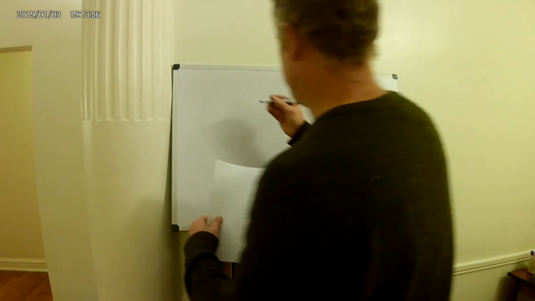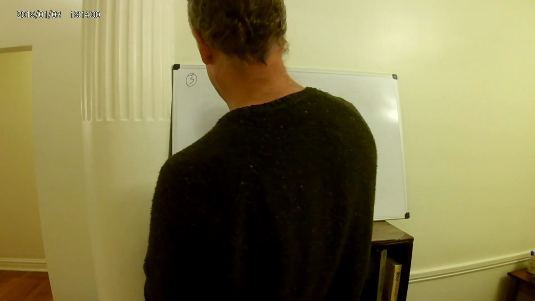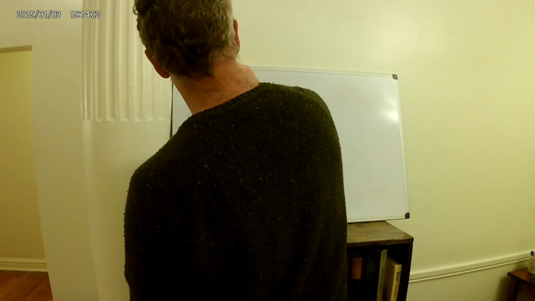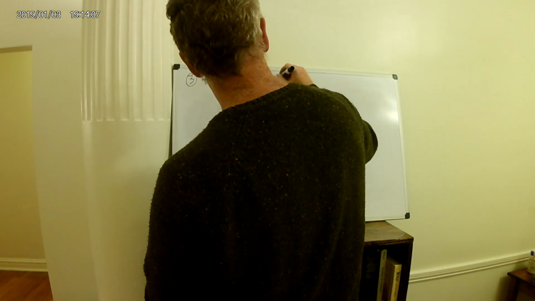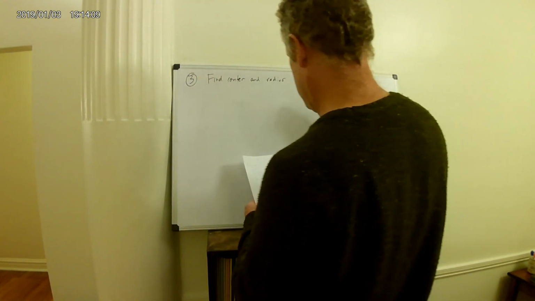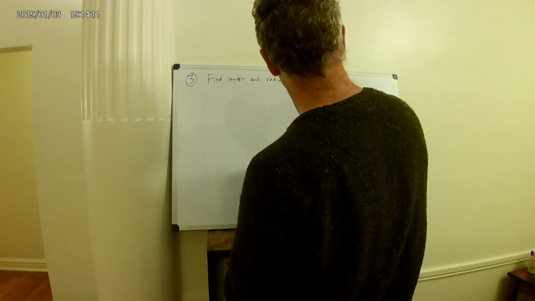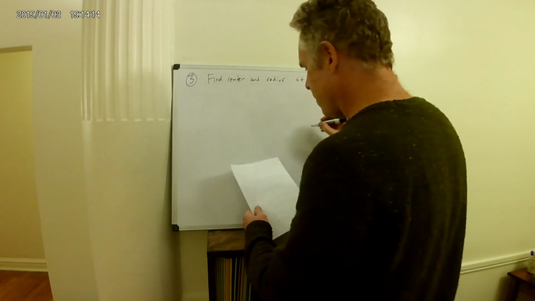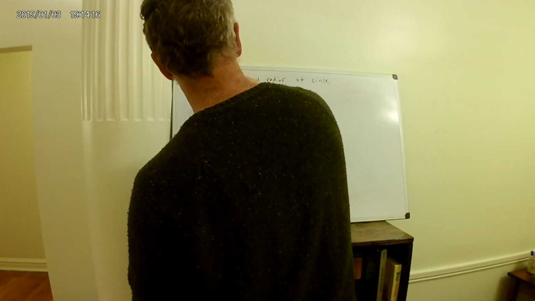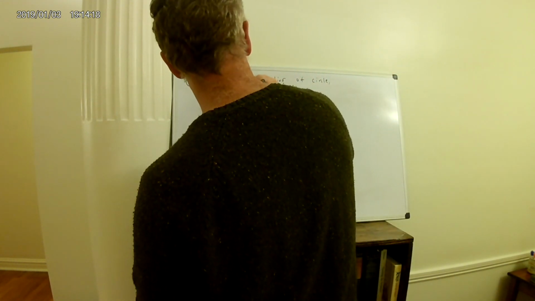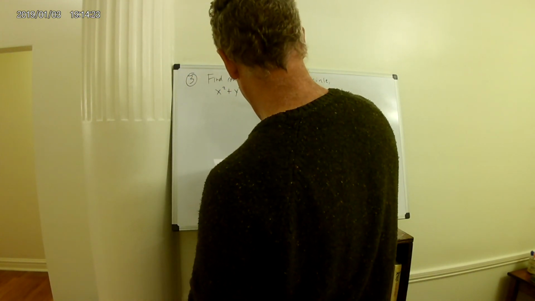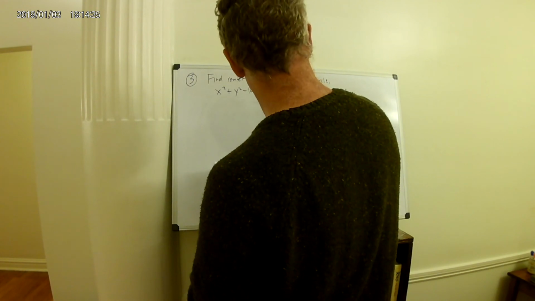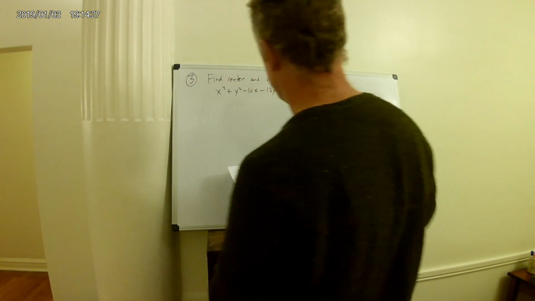For our third example problem, we want to find the center and radius of a circle given by this equation: x squared plus y squared minus 10x minus 12y plus 4 equals 0.